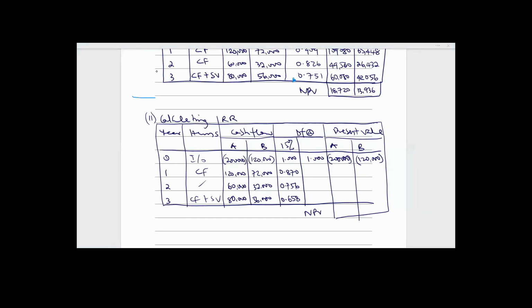So I would then say 120,000 multiplied by 0.87 equal 104,400. Year 2, 60,000 multiplied by 0.756 equal 45,360.